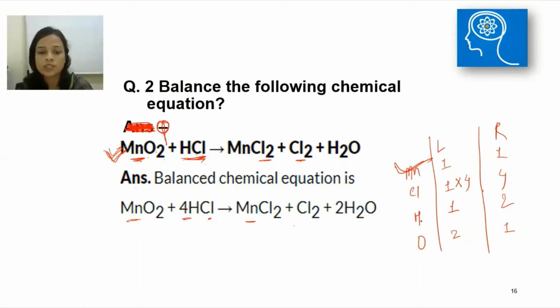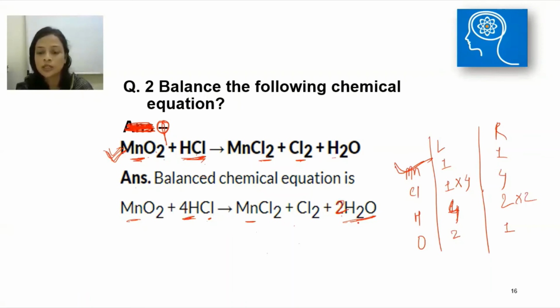Now what about hydrogen? On the left side, there are a total of 4 hydrogens after balancing the Cl. And on the right side, there are 2 hydrogens. So we have to convert these 2 into 4 by multiplying by 2. So we write the coefficient 2 for this H2O.